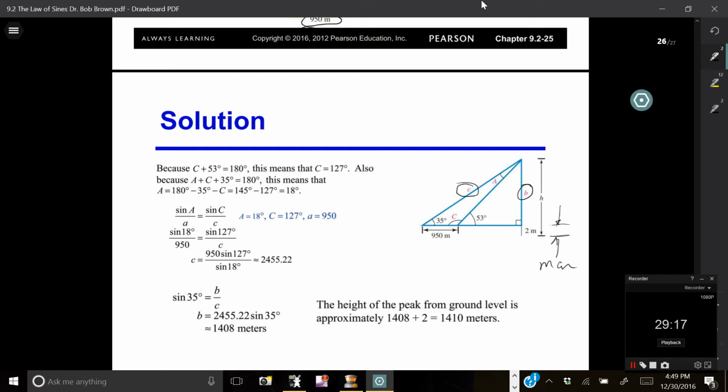And notice that angle C is going to be 180 degrees minus 53. So C is 127 degrees.